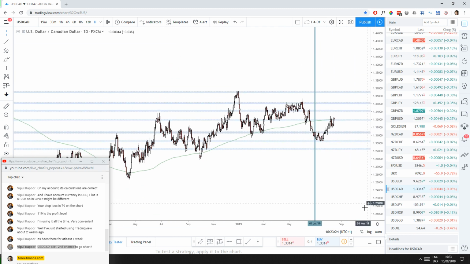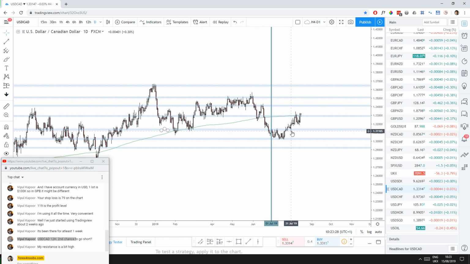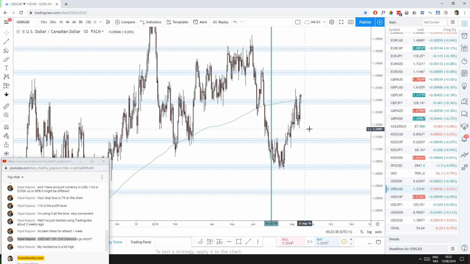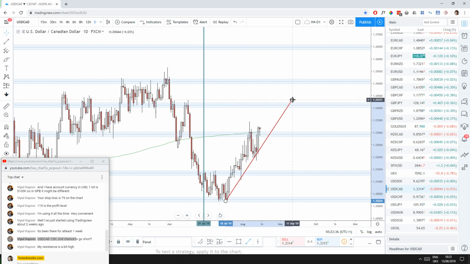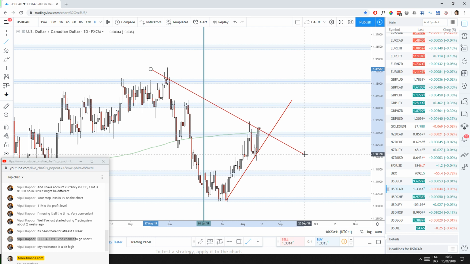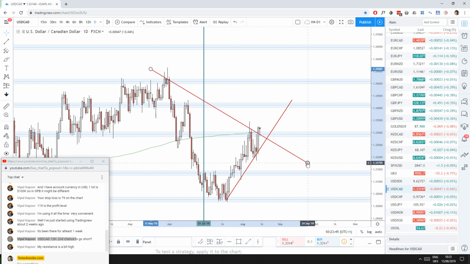Because if you zoom out enough, you could argue that it's possibly in an uptrend, but then it's below the 200 moving average. There's a mini uptrend here, but also looks like it could be starting a downtrend. It's very, very unsure on the direction of the trend.